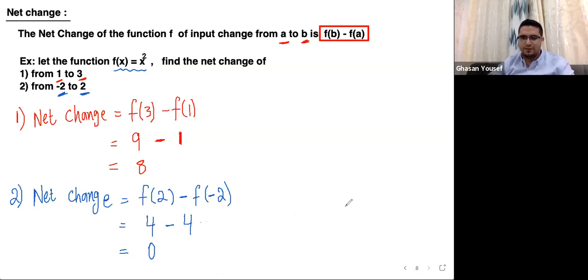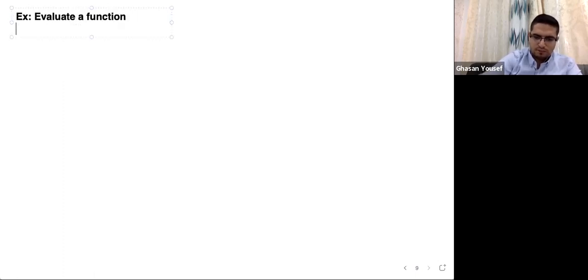Evaluate the function f of x equal to 2x squared plus 3x minus 1.